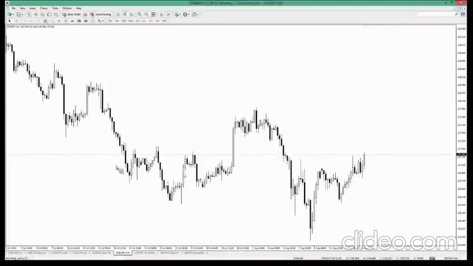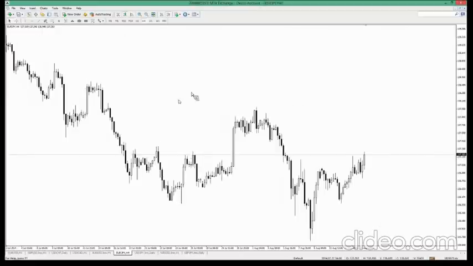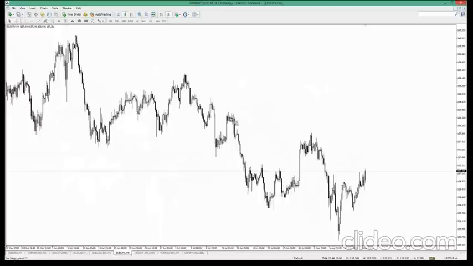Okay, so what I'm going to do is look at a Euro-Yen chart. We can look at anything here, but I'll just bring up one of these. What we're going to be looking at is a very simple indicator, which is stochastics.